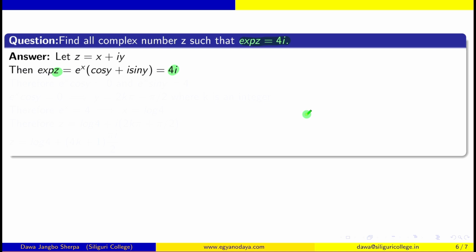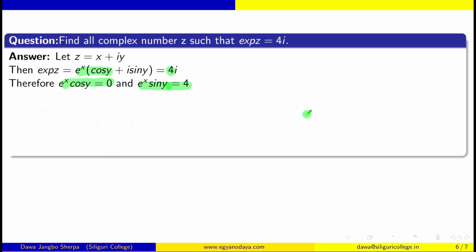So we can equate the real part and imaginary part. The real part is e^x cos y, and here the real part is 0, so e^x cos y is equal to 0. The imaginary part is e^x sin y, which is equal to 4.